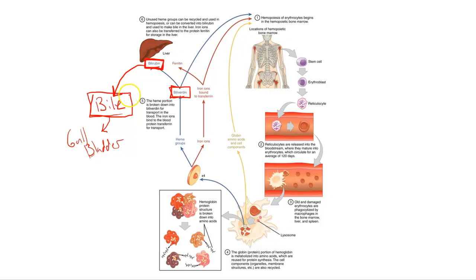So an important thing there, and I always like to stop and point out that it is the breakdown of bile. The bile gets converted into these things called urobilins and stercobilins, and those have a brown and yellow color to them, and they are what give your feces and your urine its color.